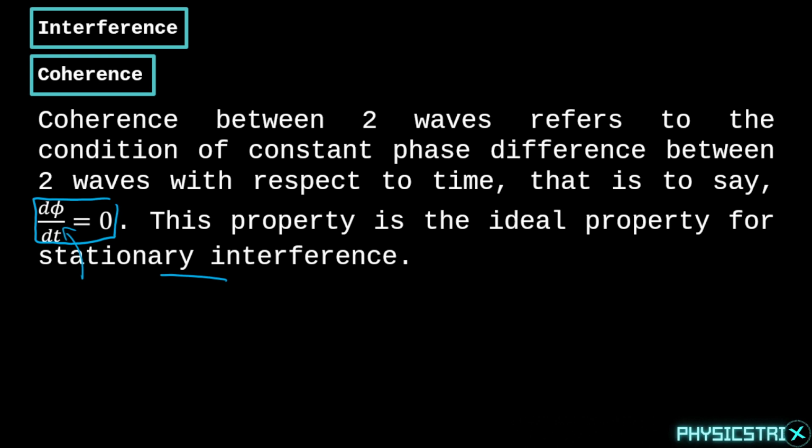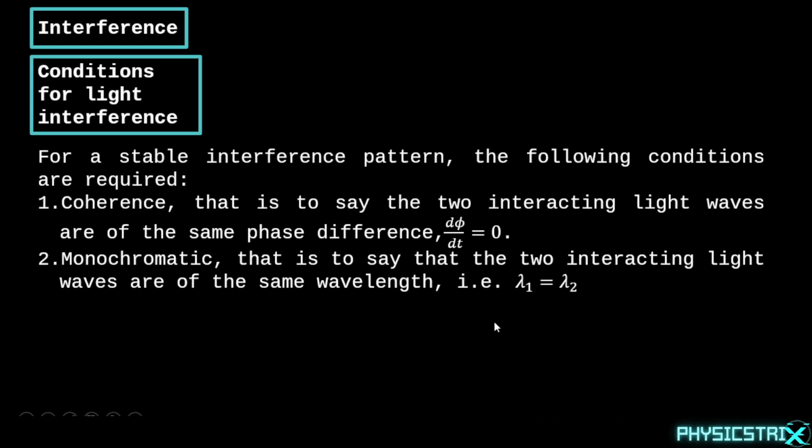Once we understand that, we can talk about the other condition for light interference. The other condition, which is something that you have covered before, is what we call monochromatism, or monochromatic, that they have to be of the same wavelength. This is what we require for a stable interference pattern.